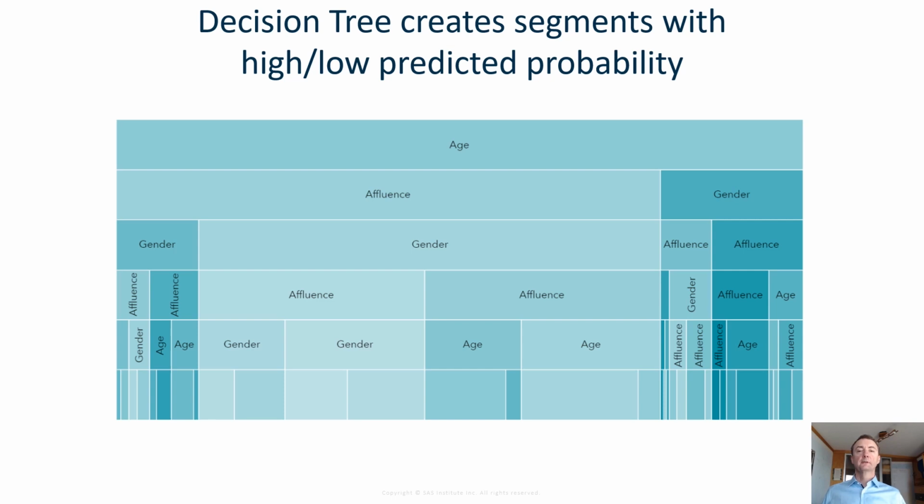The output of the decision tree is the creation of segments with a predicted high or low probability. So we see here those who have a dark green color are segments which have a higher probability. Other areas like this one have a lower predicted probability.